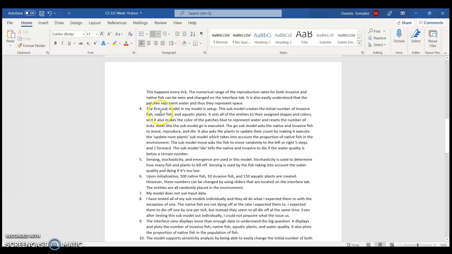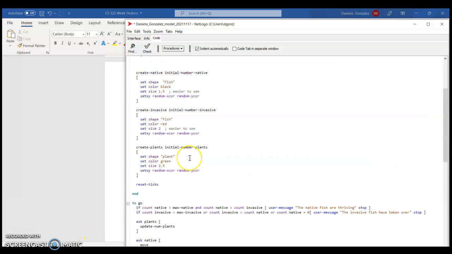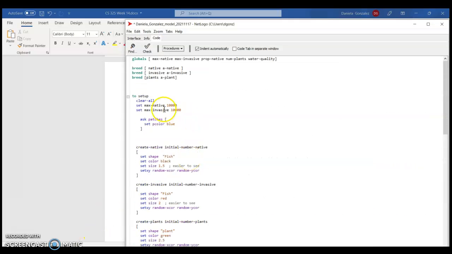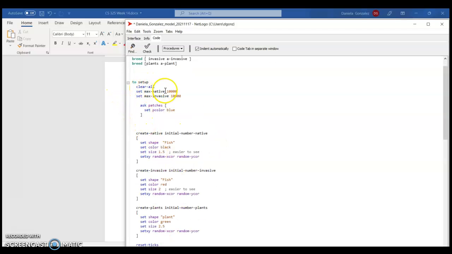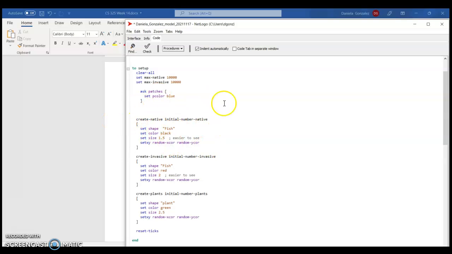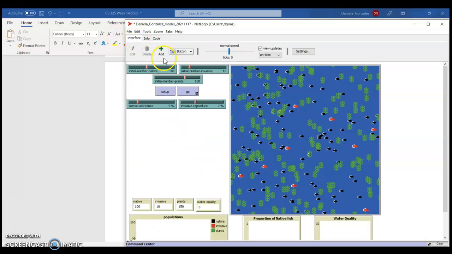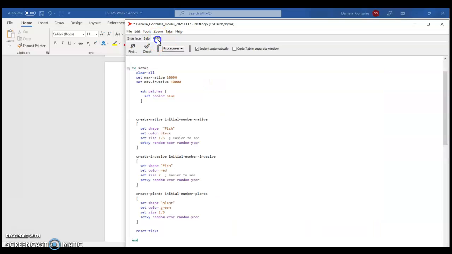And then for number 4, just going through the submodels in my model and how they run. The first one we run is setup, and that creates the number of initial native and initial invasive fish, and that, as you can see, is set up over here in the interface tab. And like I said, these are set to be 110, but those could change.